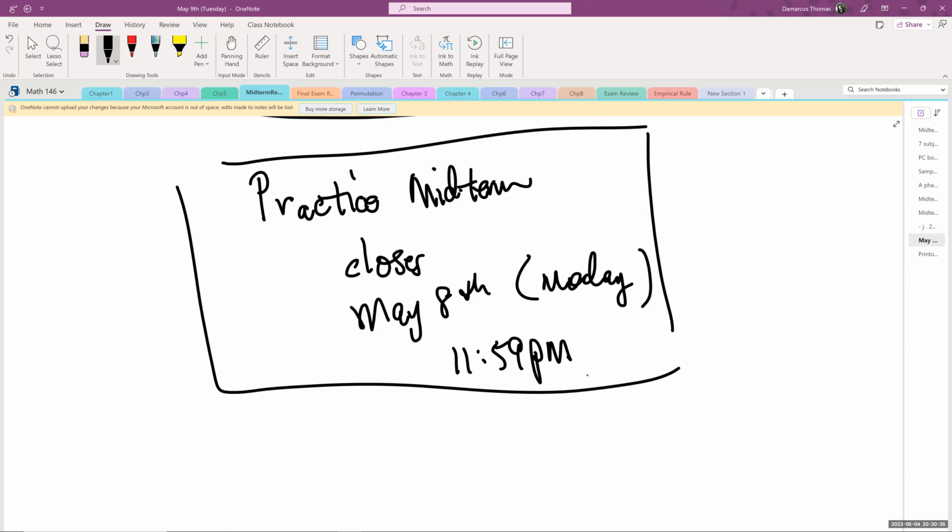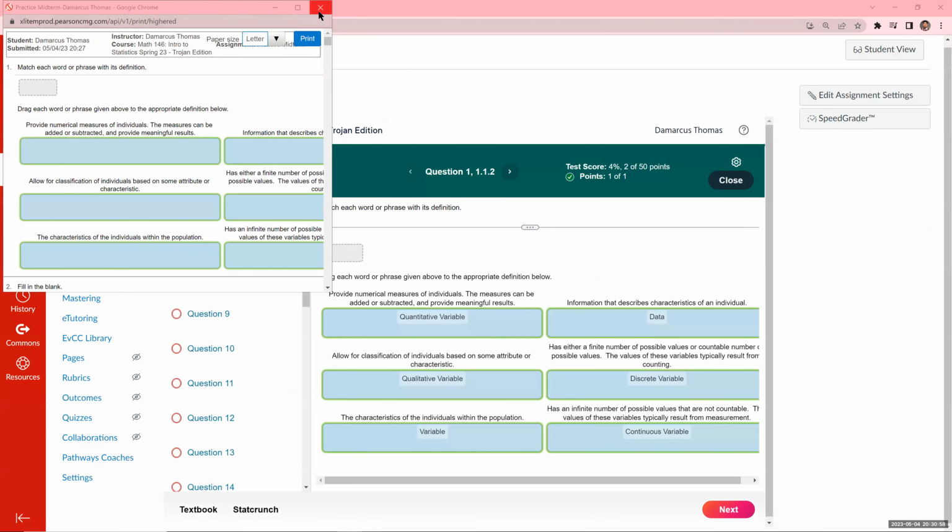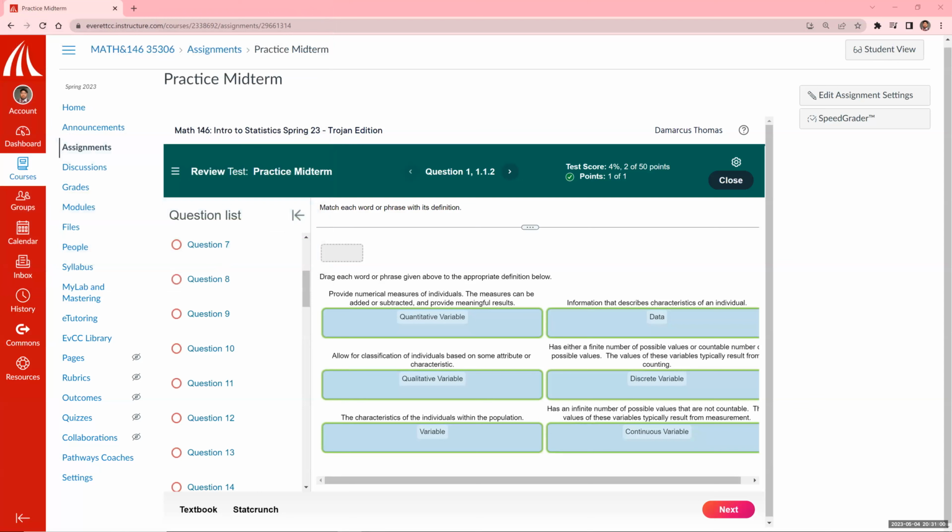But that doesn't mean that you can't keep studying and working on it. What if you want to take the test on Wednesday and you wanted to use Tuesday to study more? Well, I would suggest making notes for the practice or printing it out like I just demonstrated. So we can review that.